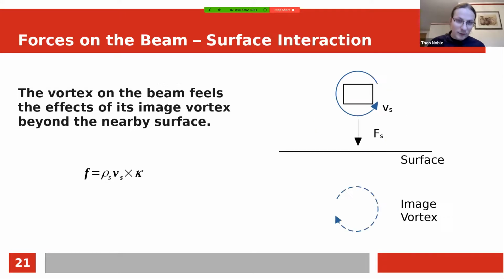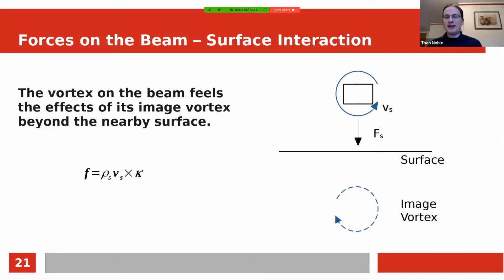There's another force that we think is also partly responsible, which is the surface interaction. This is a little bit more complicated, but we can think of the surface, which is 1 micrometer away, as interacting with the vortex itself, because it affects the flow field of the vortex. And one can model this by placing an image vortex beyond the surface.